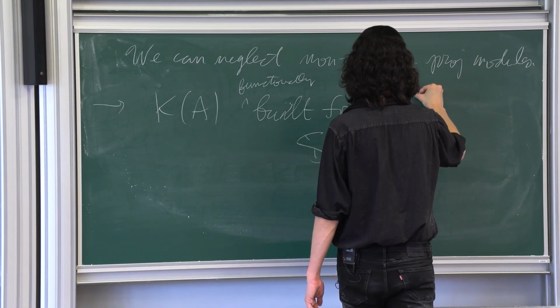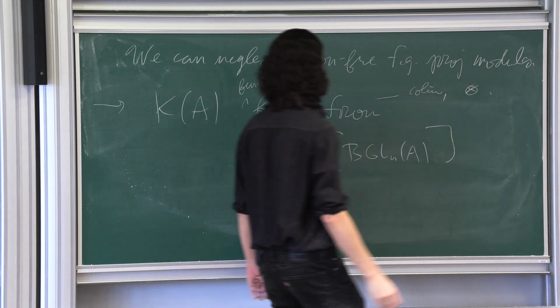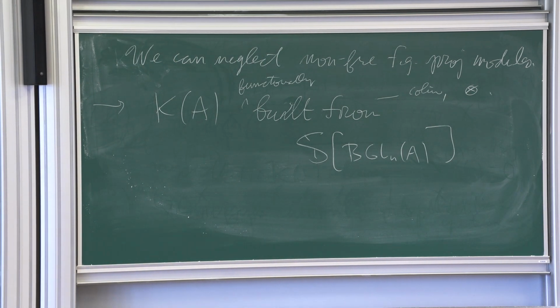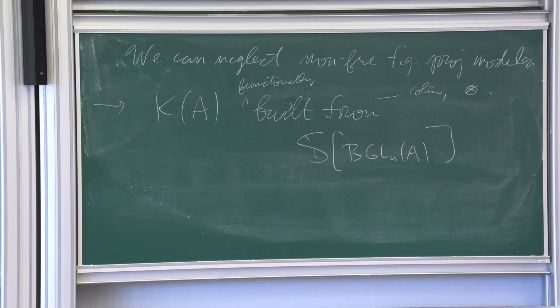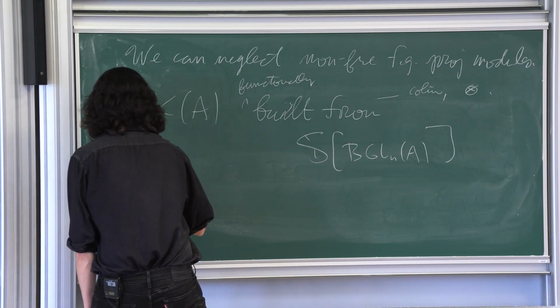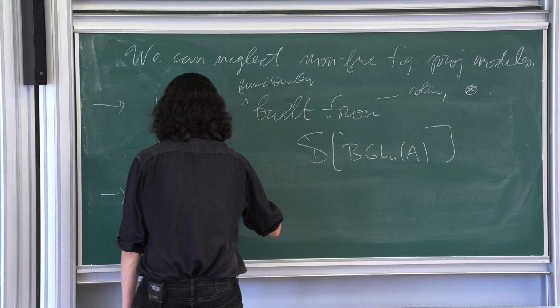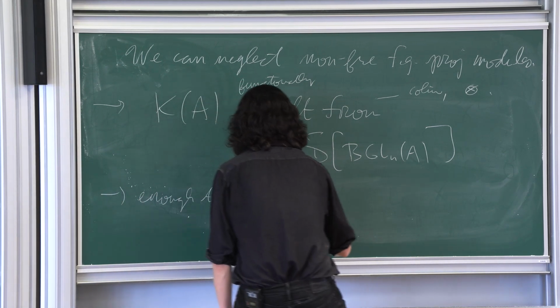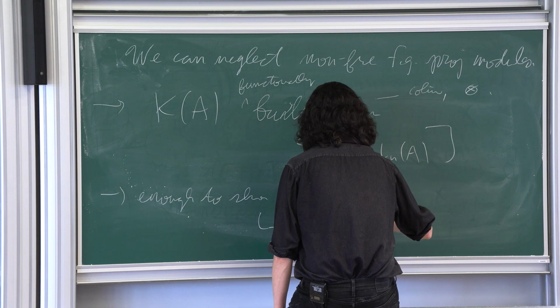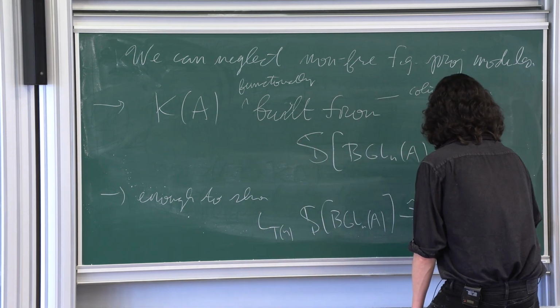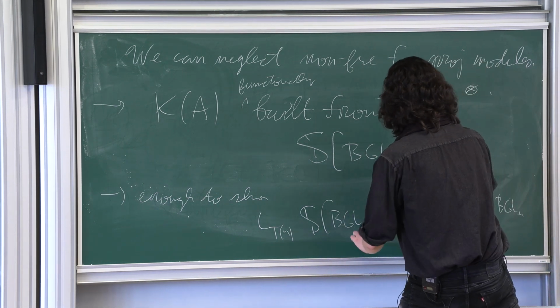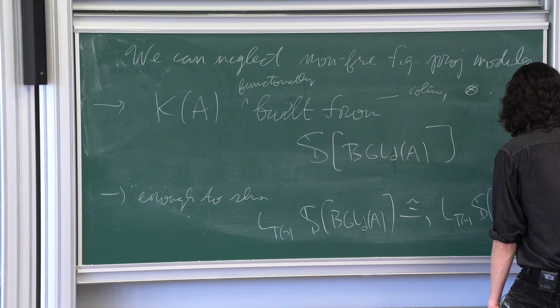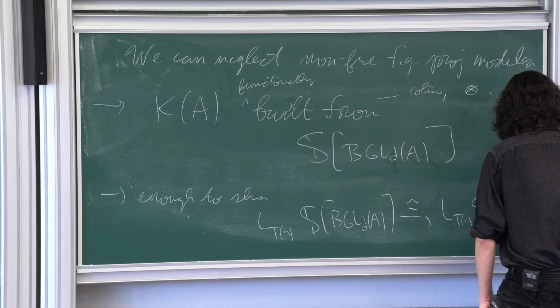This is built in the sense of colimits and smash products, basically from the definition of group completion. Maybe we need to do a bit more work, but it's fine. So it's enough to show that LT_n of the suspension spectrum of BGL_n A maps isomorphically to LT_n of the suspension spectrum of BGL_n of tau less than or equal to capital N of A.